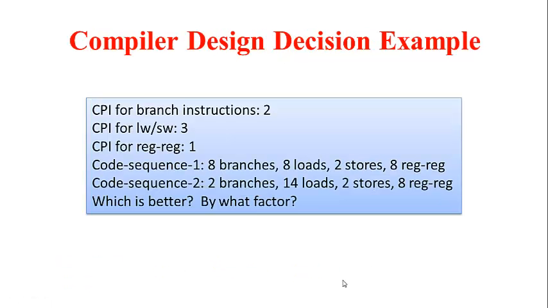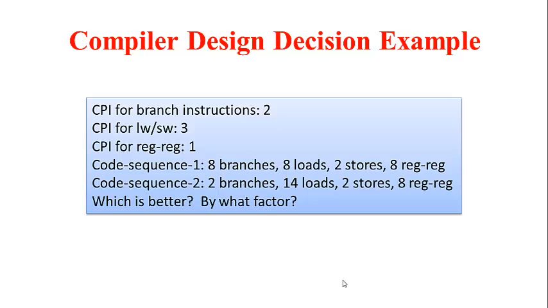As mentioned just now, the compiler can affect the performance of the program. Here is a hypothetical example illustrating the same. Let us say that the CPI for different kinds of instructions is as given. For branch instructions it's 2, for memory instructions, load word, store word, it is 3, and the CPI for other register instructions is 1.